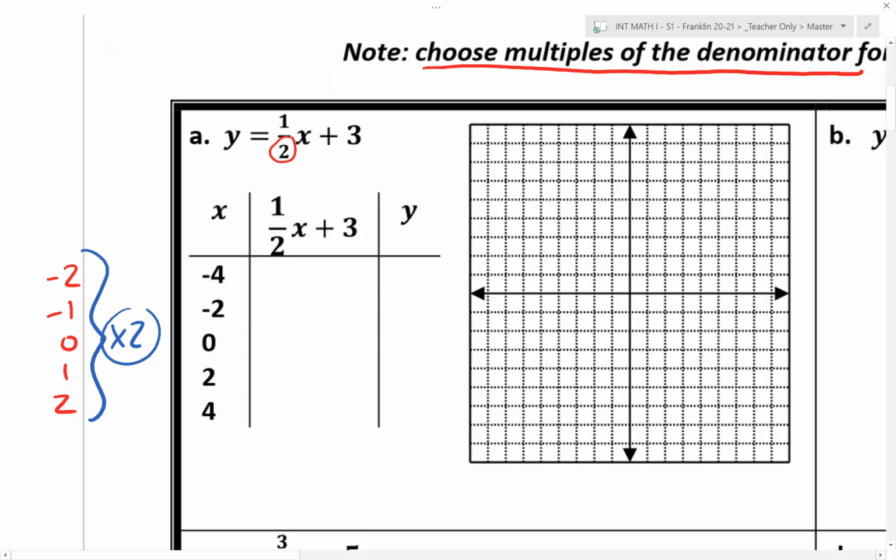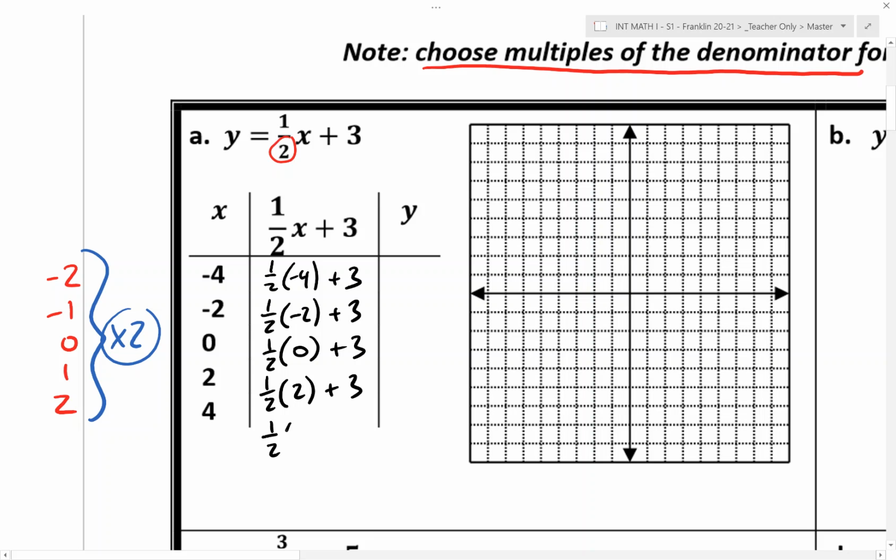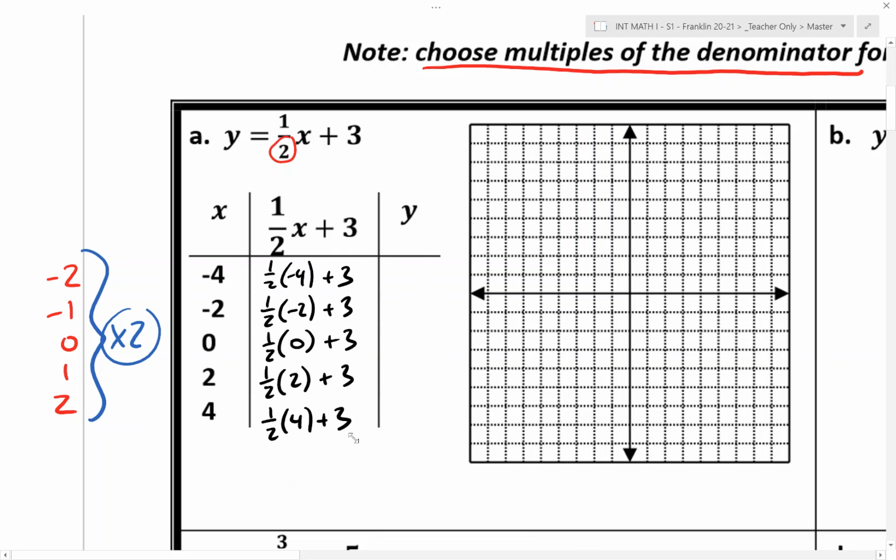In any case, what we're going to do then is plug these numbers in to the middle column here. Now the benefit of using multiples of the denominator instead of just the normal numbers is that multiples of the denominator will be divisible by the denominator.